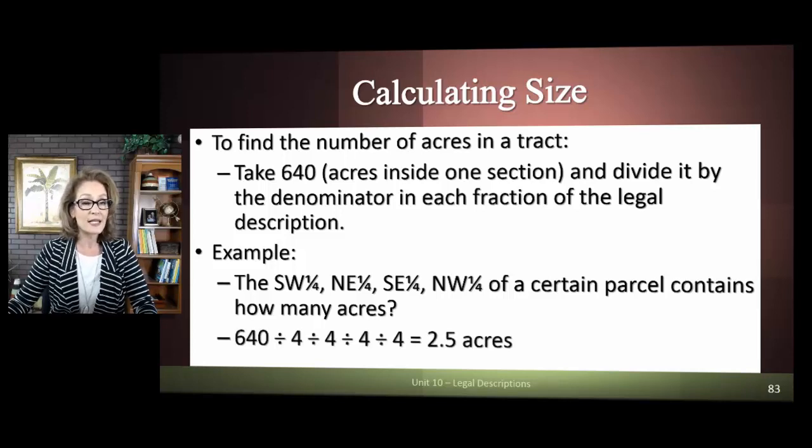We're going to take 640 and divide it by 4, divide it by 4, divide it by 4, and divide it by 4. That's going to equal 2.5 acres. All we're doing is taking 640 and dividing it by the denominator of each of the descriptions. So the southwest quarter is divided by 4, the northeast quarter is divided by 4, the southeast quarter is divided by 4, and the northwest quarter is divided by 4.